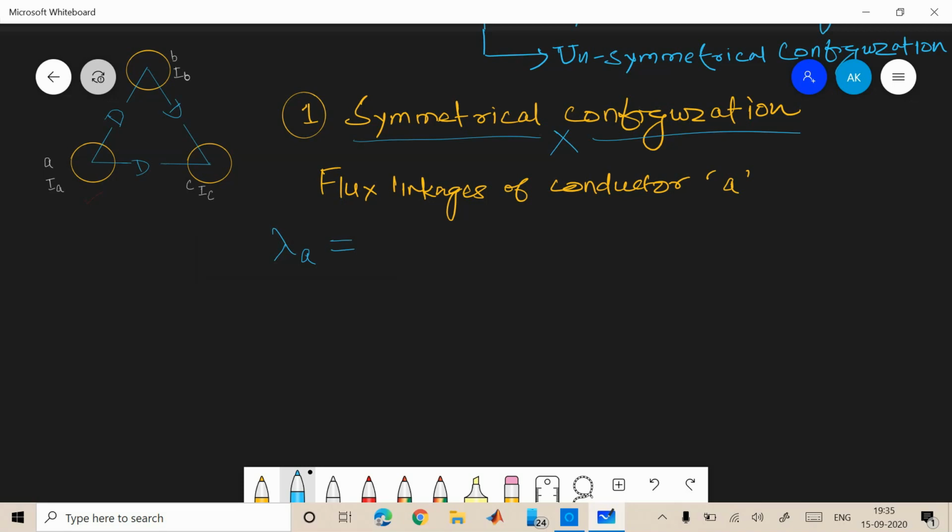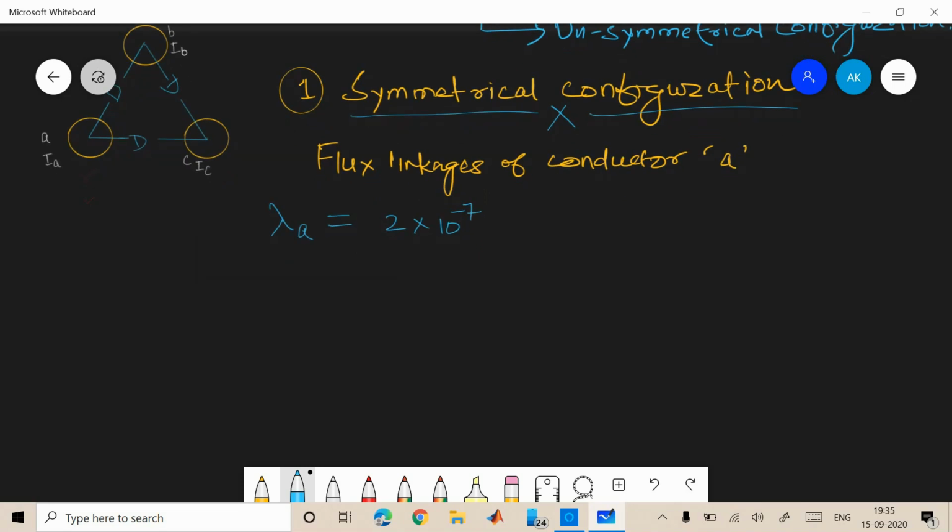We have seen in the previous video. So this lambda A can be written as 2 into 10 raised to power minus 7 times IA, the current in A conductor, ln 1 by DAA.